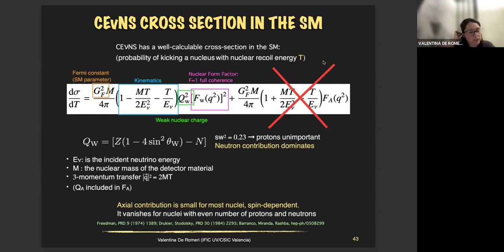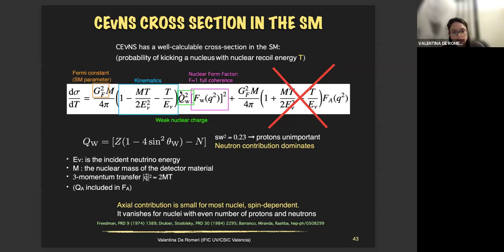And we can focus on the vector part, which is shown here, and which depends on the Fermi constant, which is a standard model parameter, a kinematic term, and a nuclear form factor, which is approximated to 1 in the case of full coherence, so when the momentum transfer is very small or close to 0.